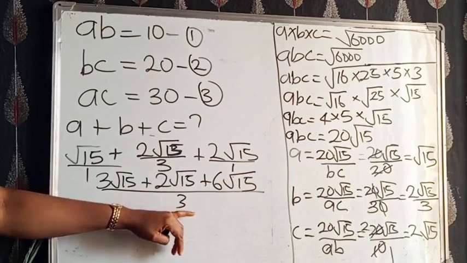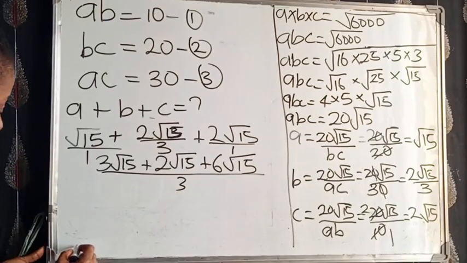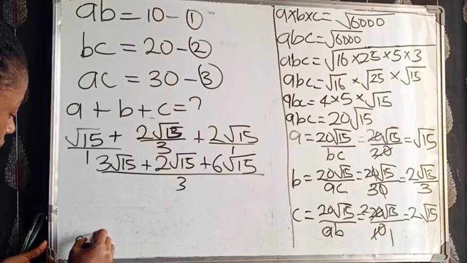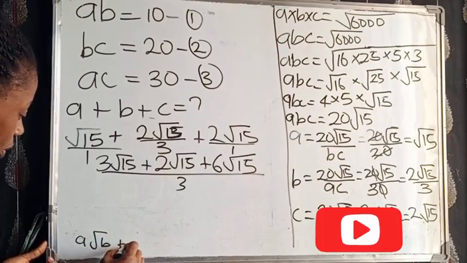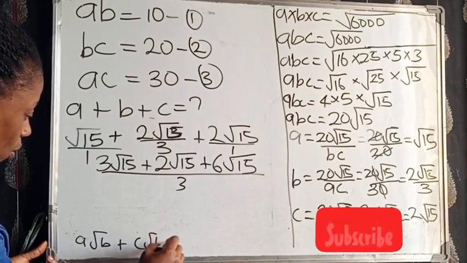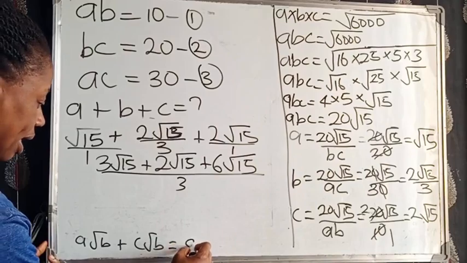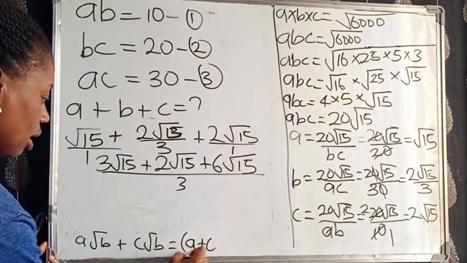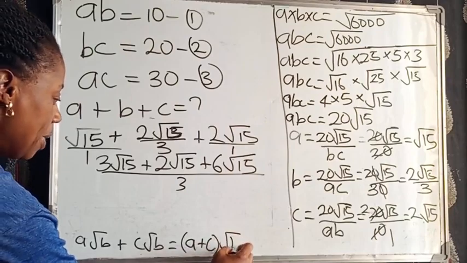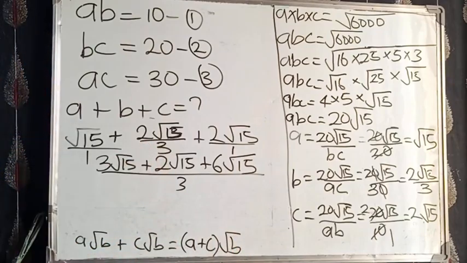Now, when you have something like this, A root B plus C root B, what do you do? You can add it like this: A plus C, root B. So that's what we are going to do here.